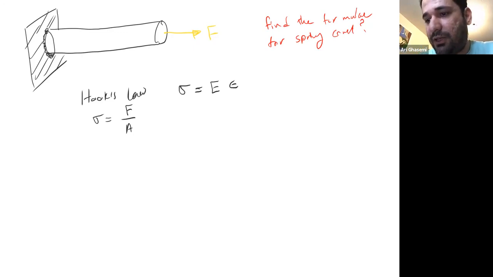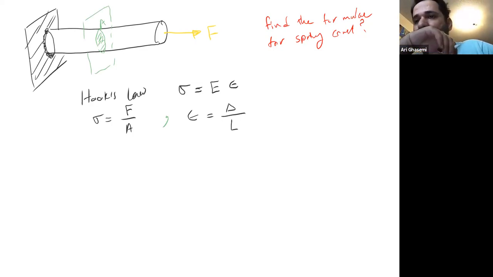So consider a section cut of this, and consider this area is A. The force divided by area is sigma, and another relation in the lab manual: the strain is delta divided by initial length. So the strain, or relative deformation, is the change in length due to force F divided by the initial length.